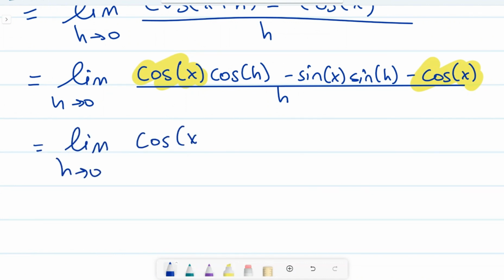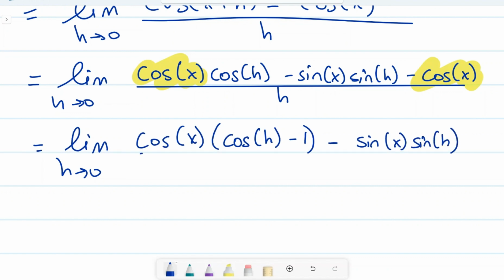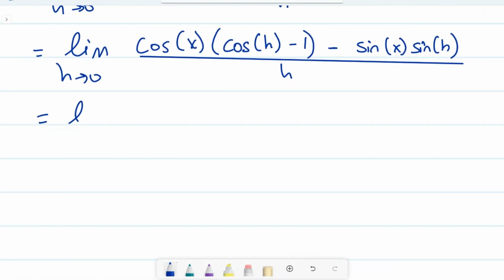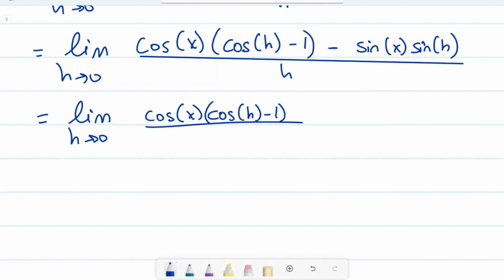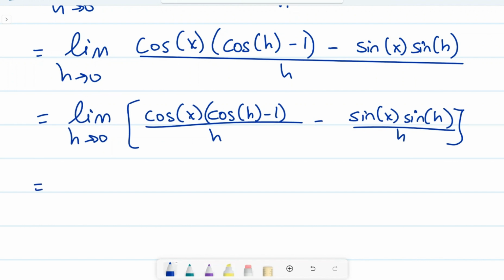So cos of x, this leaves us with cosine of h minus 1, and then we leave the other term the same. And now we have two terms in the numerator. We can split this into two fractions, as we did with the proof of sine earlier. And since we have two fractions, we can now split the limit.